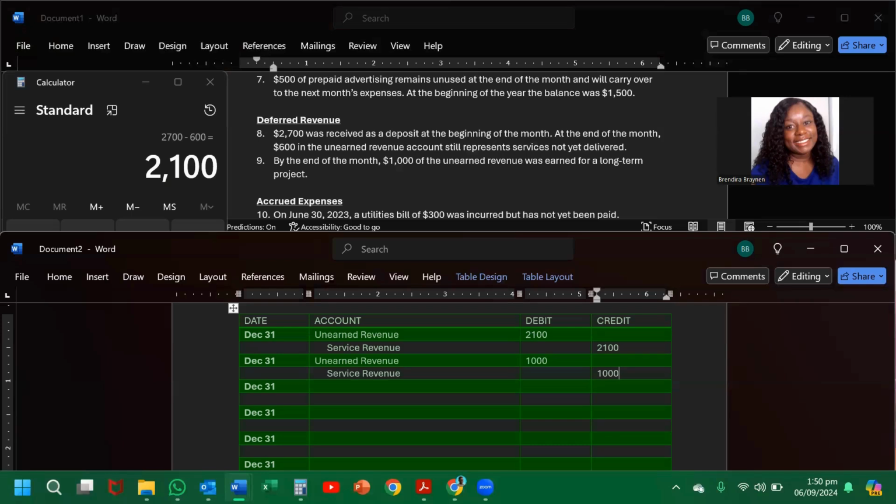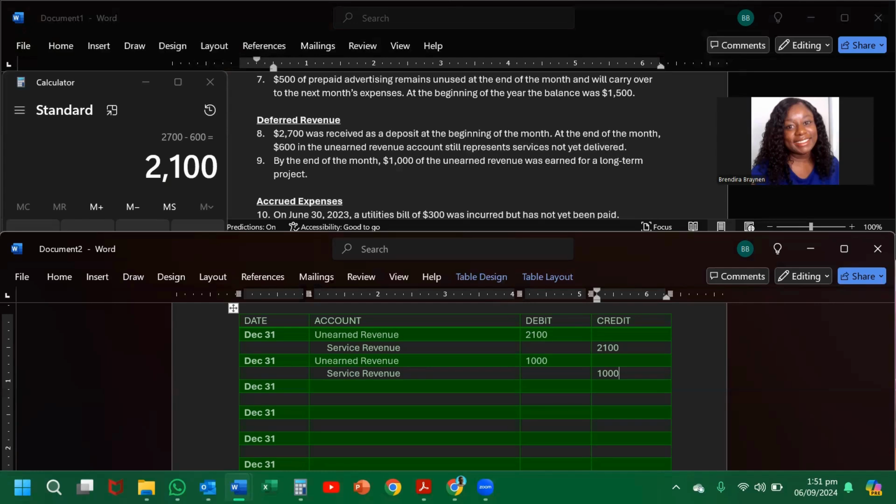This goes along with the matching principle: you cannot record revenue to the company's books until the company has actually done the work. Even if I collect it ahead of time, if the company has not done the work, I cannot record the revenue. The same transaction would happen: a debit to the unearned revenue liability account, and a credit to whatever the name of the revenue account is.